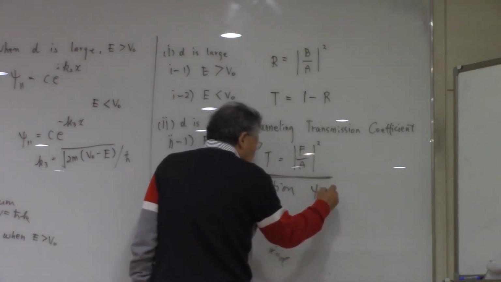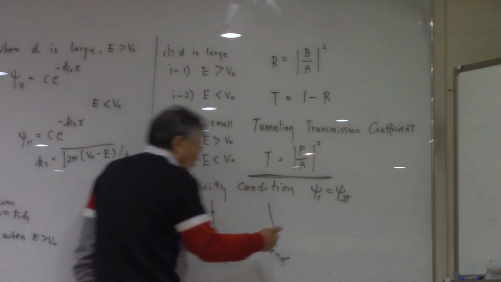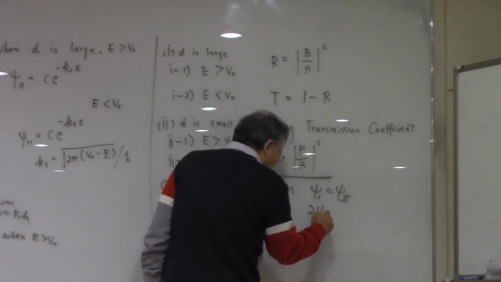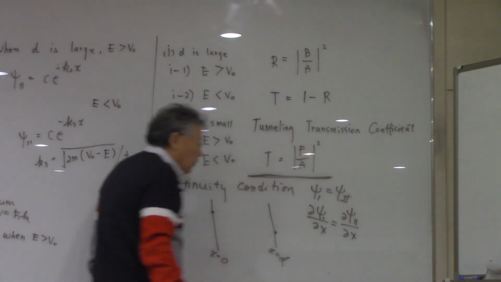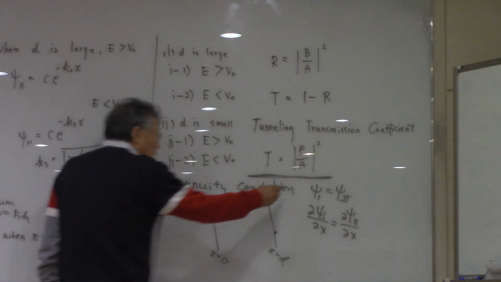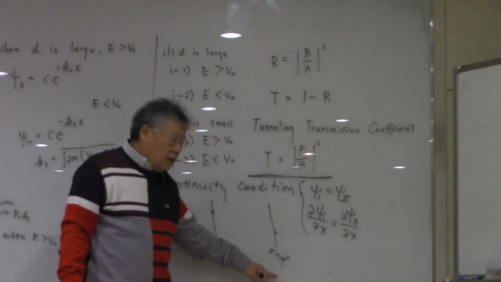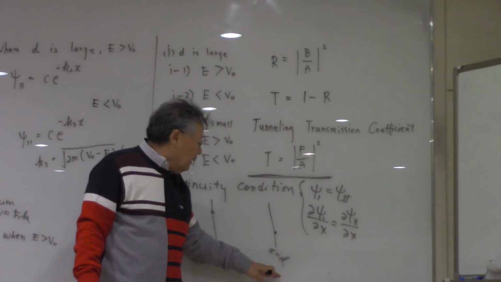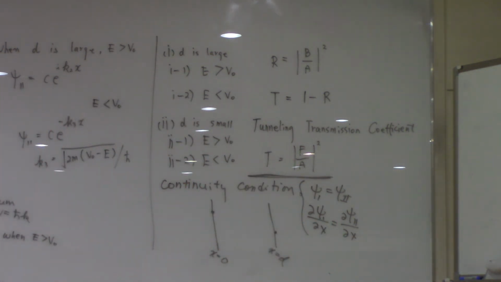So psi 1 should be equal to psi 2 at x equal to 0, and the derivative of psi 1 with respect to x should be equal to the derivative of psi 2 with respect to x. That is the continuity condition at both boundaries, x equal to 0 and x equal to d. These single-valued, mathematically well-defined conditions have to be met. So using that, you can get all these coefficients.